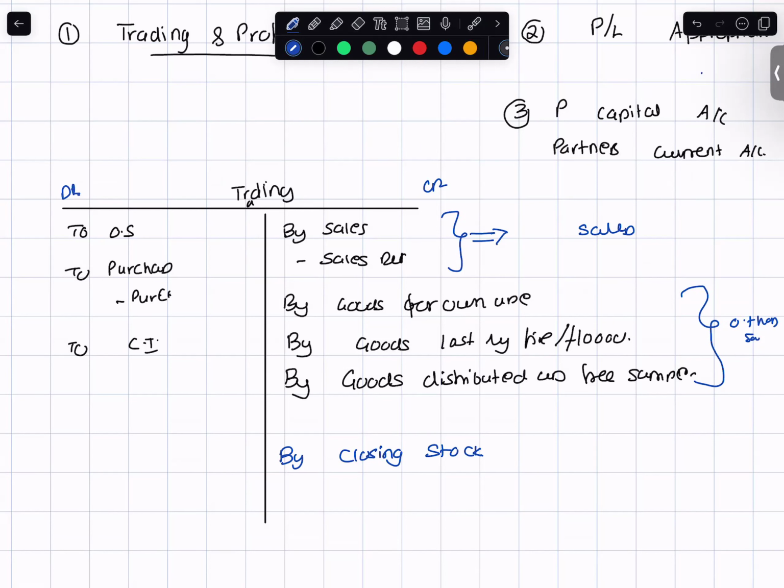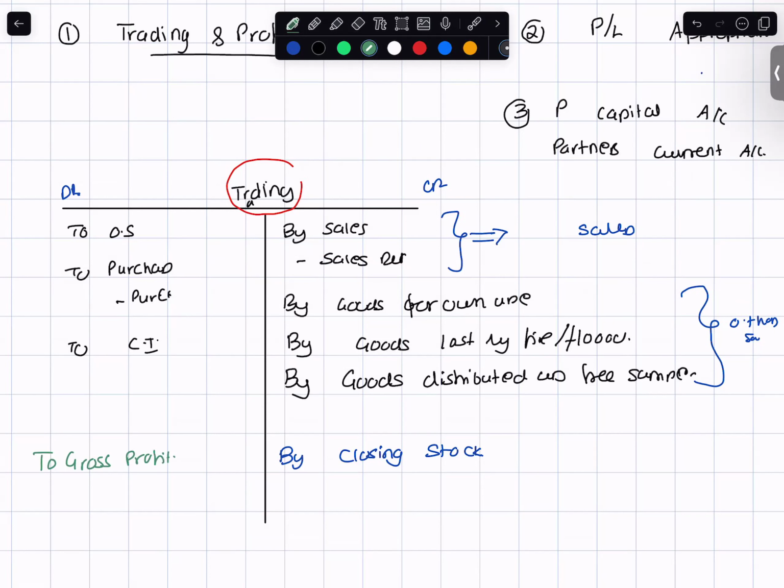Then the profit that you get because of trading means you have purchased over here, you have sold over here. The profit that you get because of buying and selling is called your gross profit.